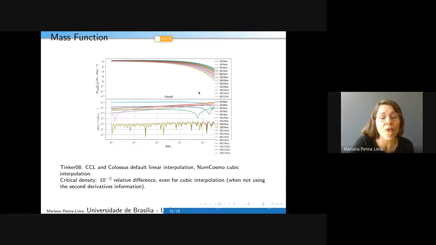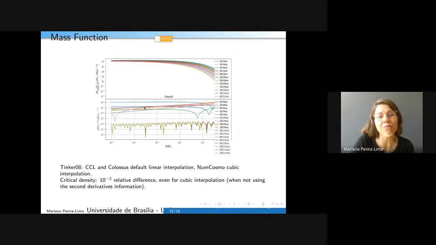And here we also made this comparison, choosing CCL and Colossus to perform this computation using cubic interpolation, but the result is almost the same, because to get a better precision, you have to use the information of the second derivatives, okay?